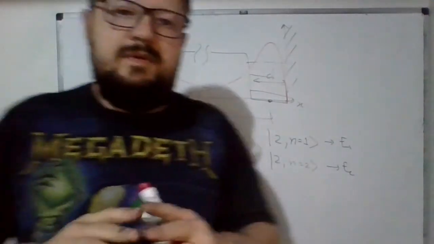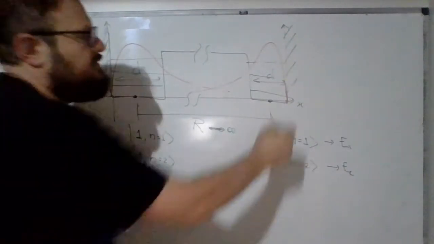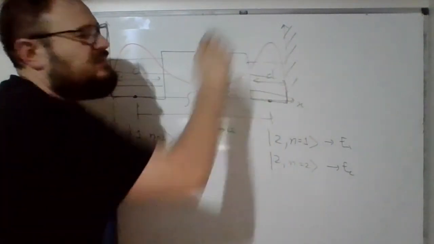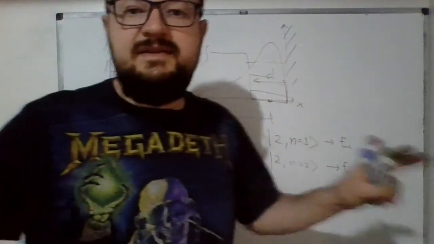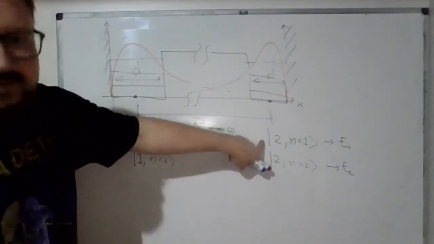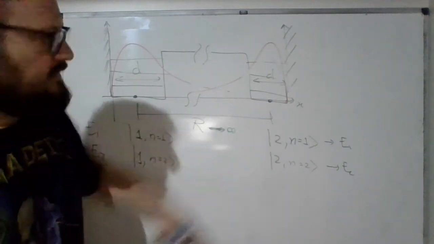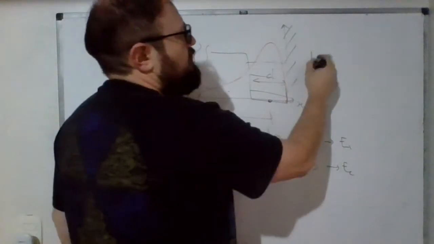And at the beginning, they don't see each other, so the energy levels are the same. The shape of the wave functions are exactly the same, just that to get the function of the second box, you just need to pick box 1.